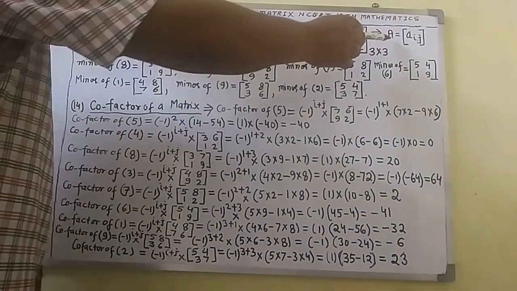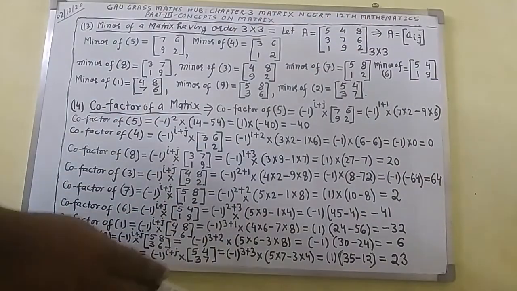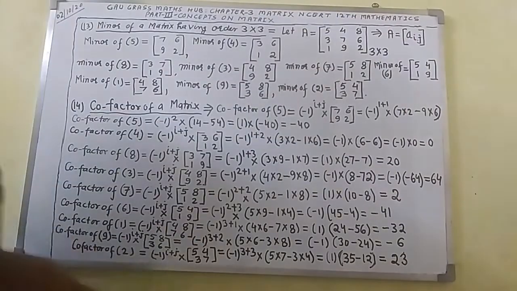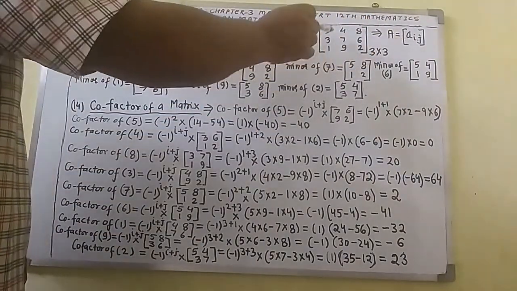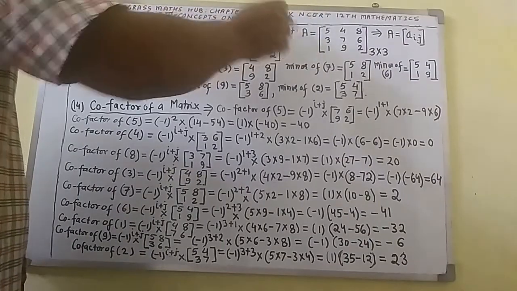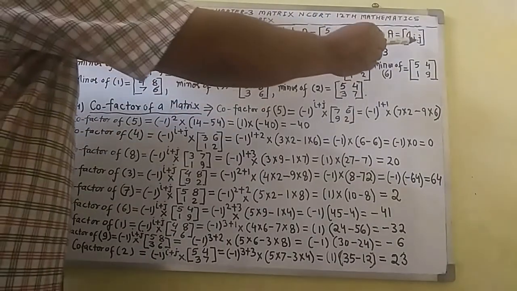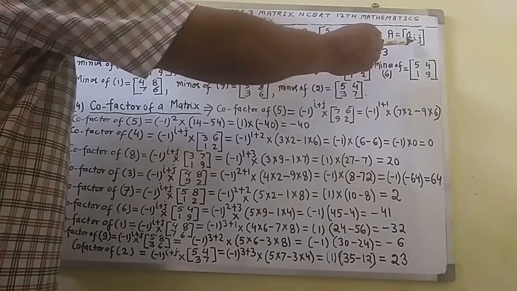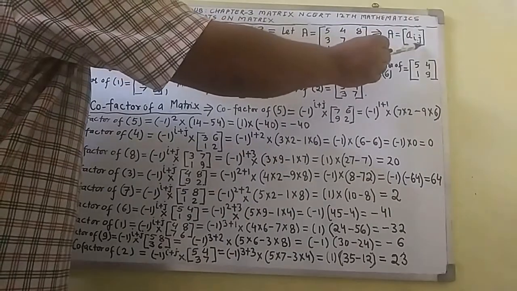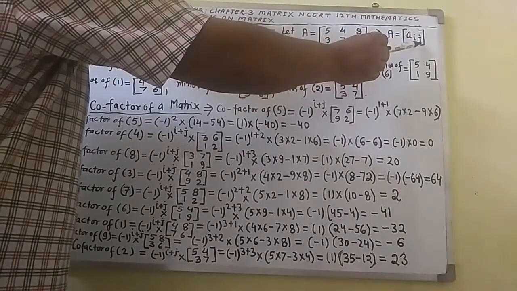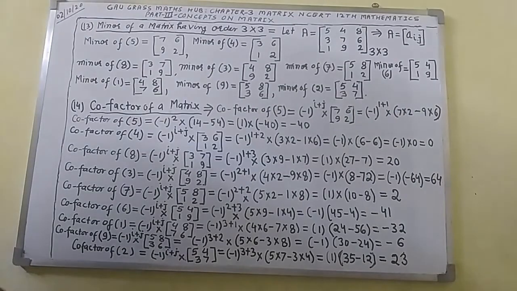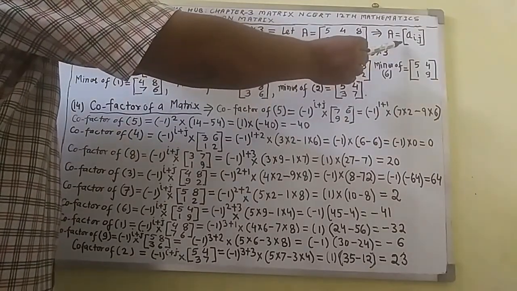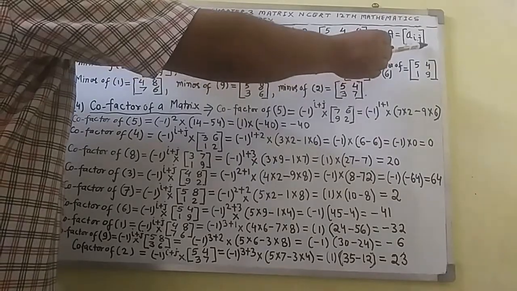This implies that capital A equals small a ij. Small a represents any element of matrix capital A. Here small i represents the position of row, and small j represents the position of column. And this is square bracket opening, this is square bracket closing.